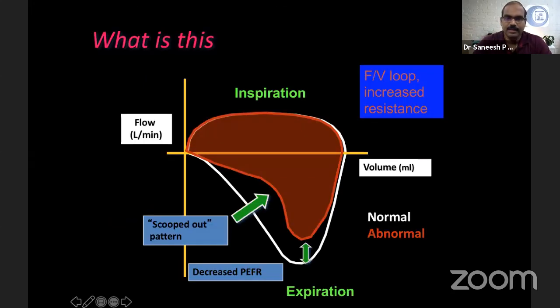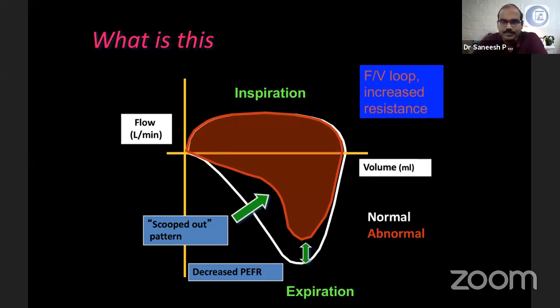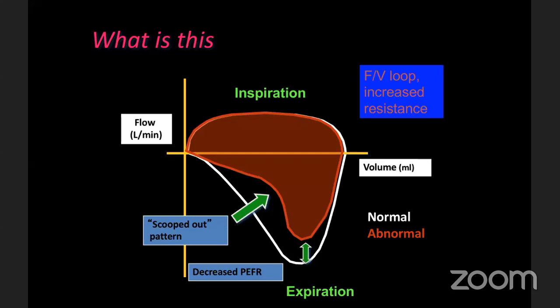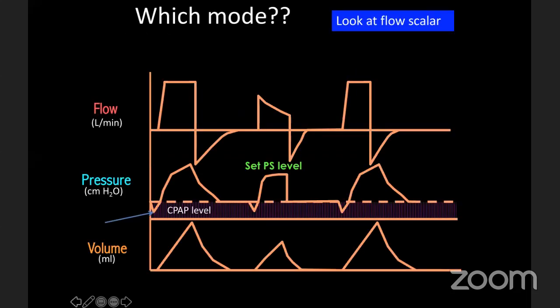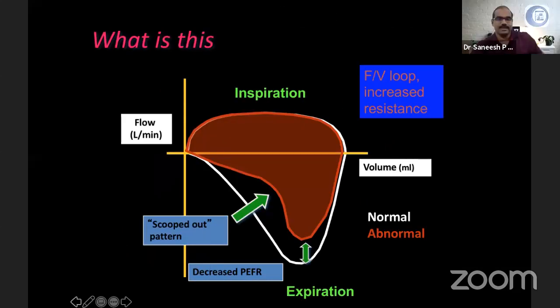The white flow volume loop was the normal. Now the red one, what's your comment on this? There is a decrease in the peak expiratory flow rate, sir. Okay, fine. There can be an obstruction, so we can do suctioning or give a bronchodilator. Yeah, correct. That's an excellent answer.